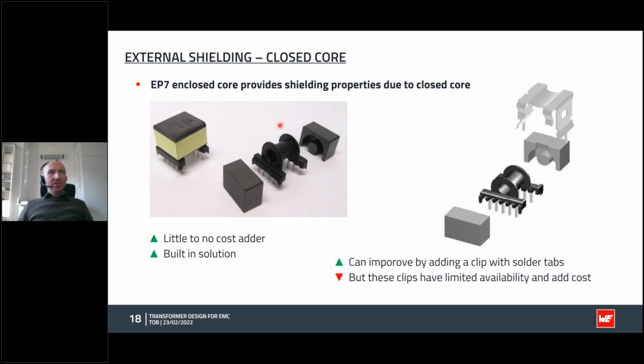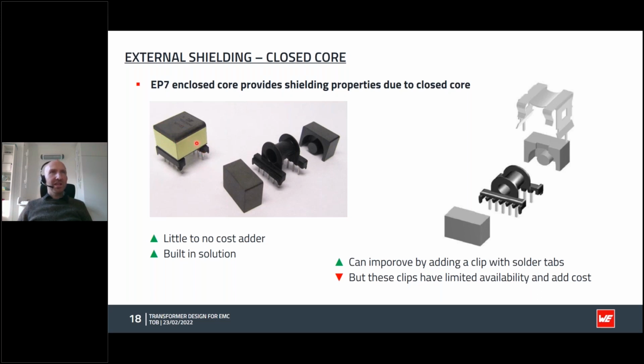Then there are some cores which are called closed cores, and we can see here 5 of the 6 surfaces are actually enclosed in the core. This will absorb some and reflect some of the EM field from the windings, and can shield a lot of the radiation that will come from the windings.